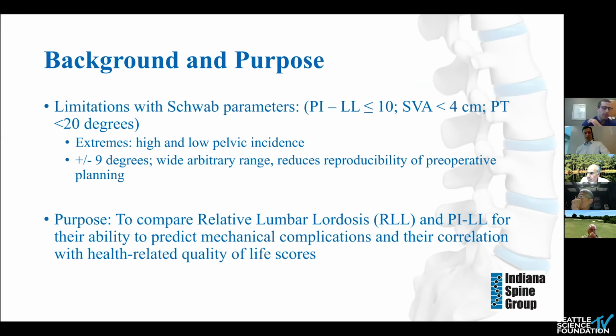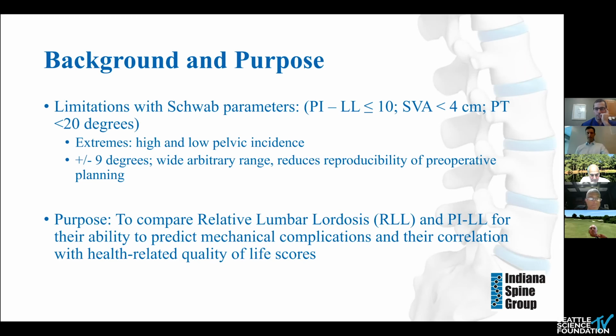And so the background, where I think this was born out of, is that there were known limitations with the Schwab parameters, those being mismatch minus 10, SPA less than 4, pelvic tilt less than 20 degrees. That system had a very difficult time describing very high and very low pelvic incidence in that range.